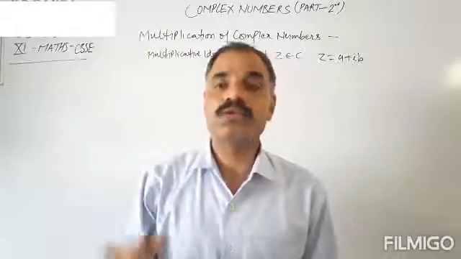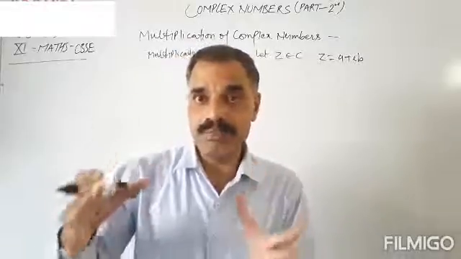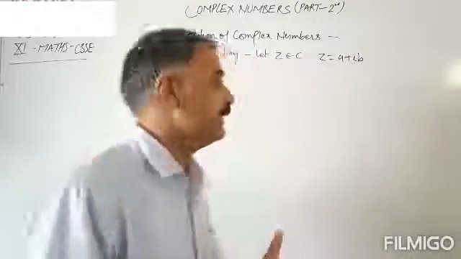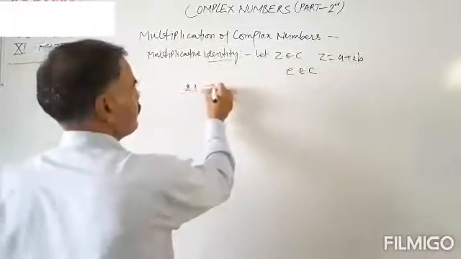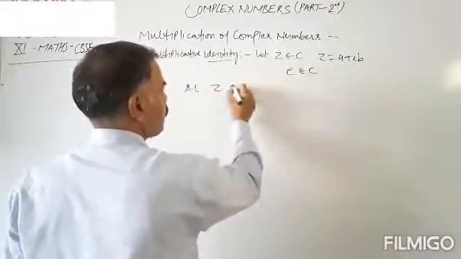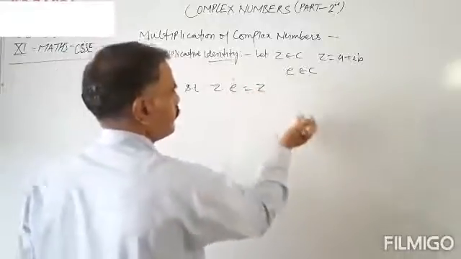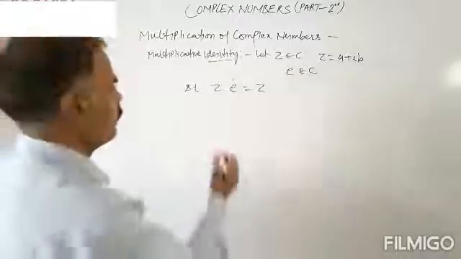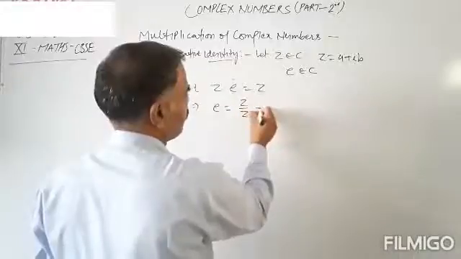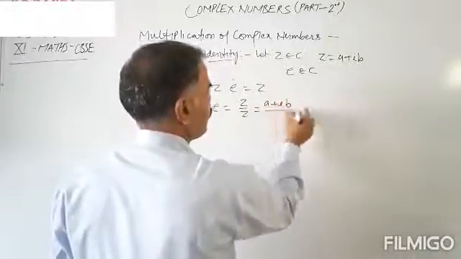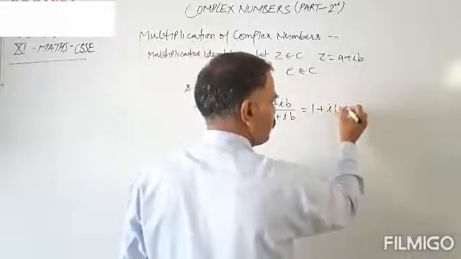Now we want to find its multiplicative identity. Multiplicative identity means there is an identity E that belongs to C such that Z into E is equal to Z. So E equals Z upon Z, that is (A plus iota B) upon (A plus iota B), which equals 1 plus iota into 0.